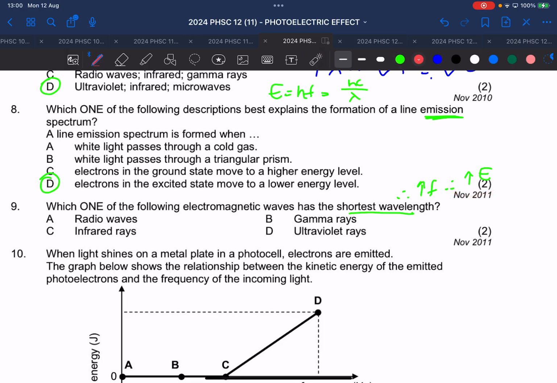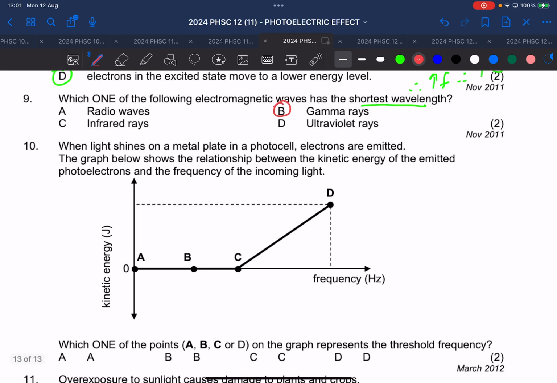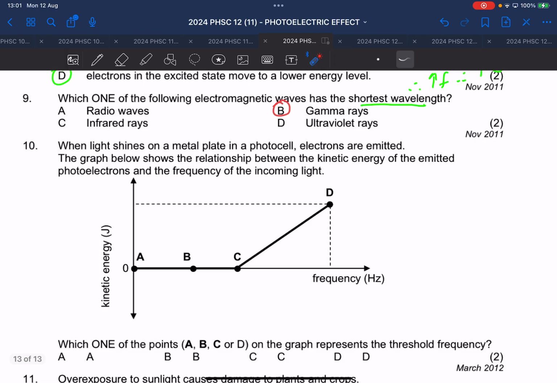Gamma rays. Gamma rays can go through lots of things and burn your body and your cells, and you can mutate. It's the highest energy one, gamma rays.